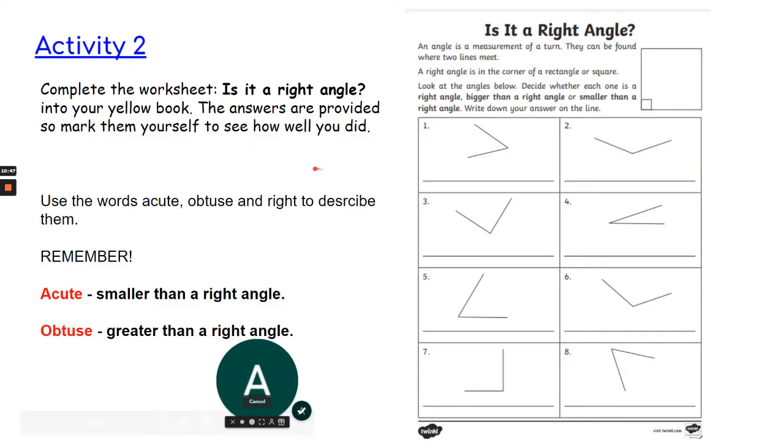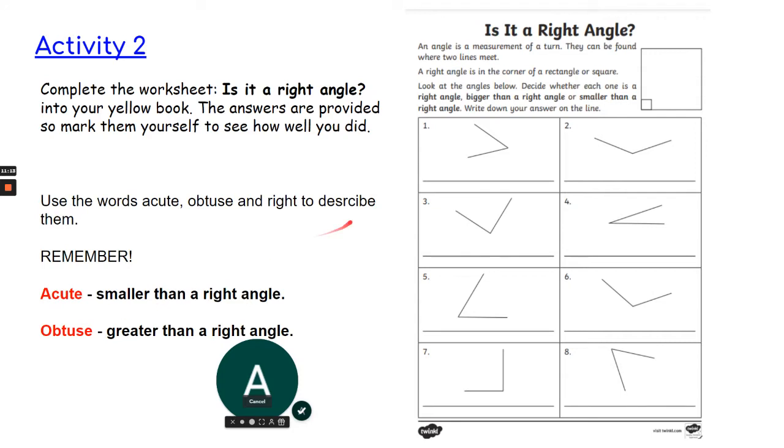Okay, so the second activity that we're going to do for our maths today is to complete this worksheet. It is in your Google Classroom. You can follow the instructions and just put whether it's smaller or bigger. I've given you a clue. But we have just learnt the words acute and obtuse.